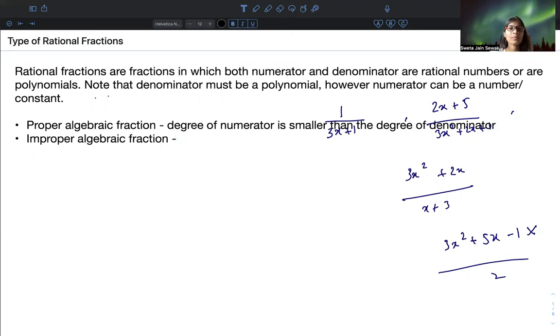And what is an improper algebraic fraction? It's a fraction in which the degree of the numerator is bigger than, or greater than, the degree of the denominator.